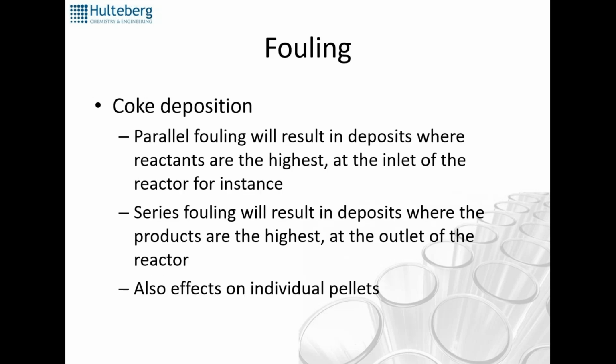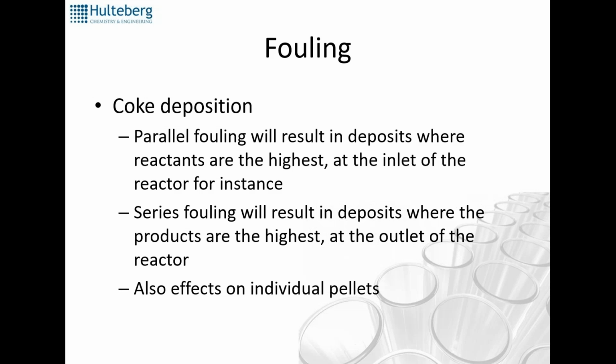The parallel fouling will result in deposits where the reactants are the highest, so at the inlet of the reactor. Series fouling, of course, will result in deposits in the highest concentration at the outlet of the reactor.